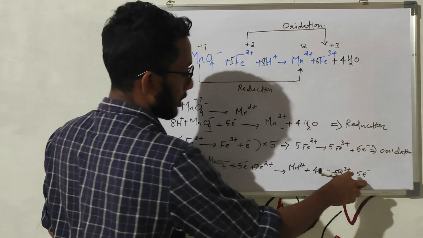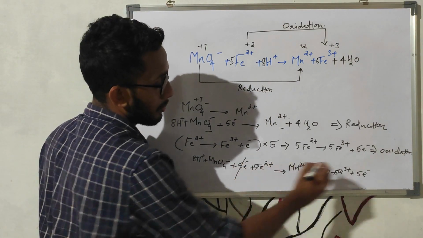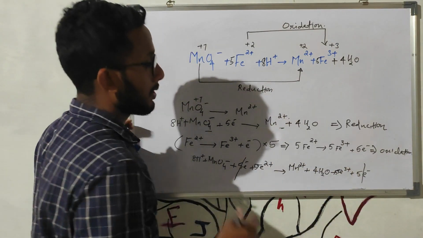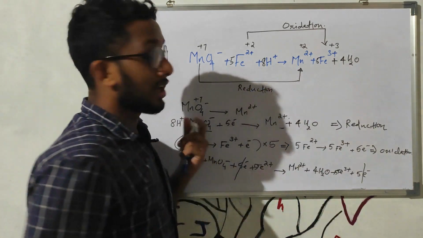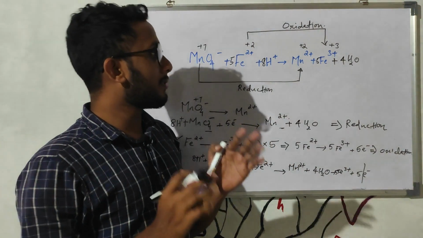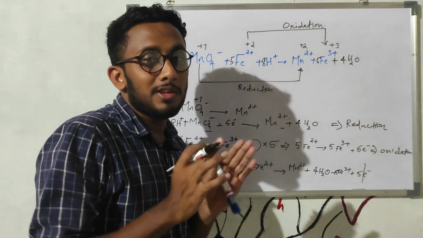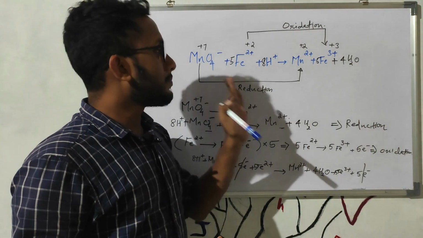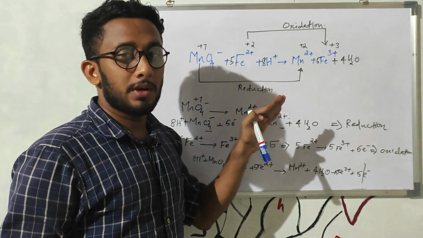The 5 electrons are on both sides, so we can cancel them, and we get the balanced final equation of this redox reaction. This is a simple and very tricky method. We can easily solve any redox reaction in acidic medium in this way.